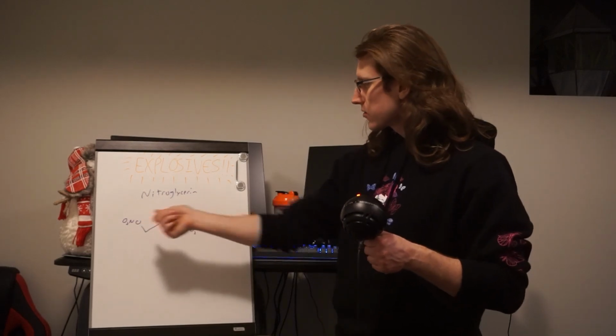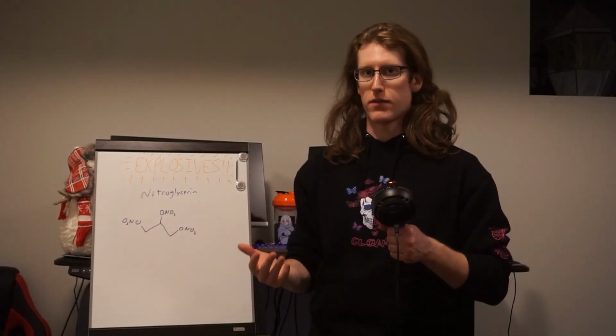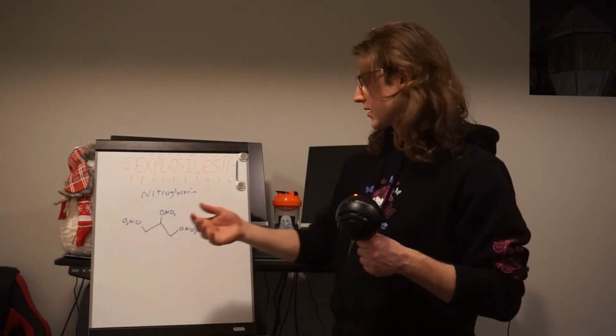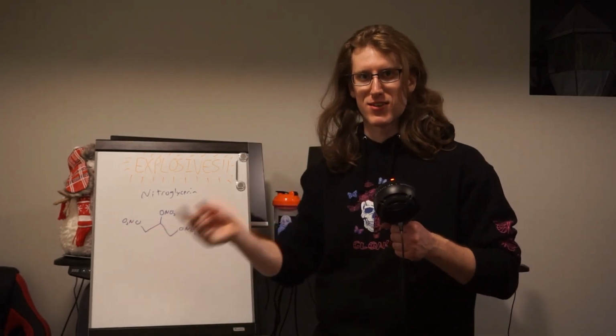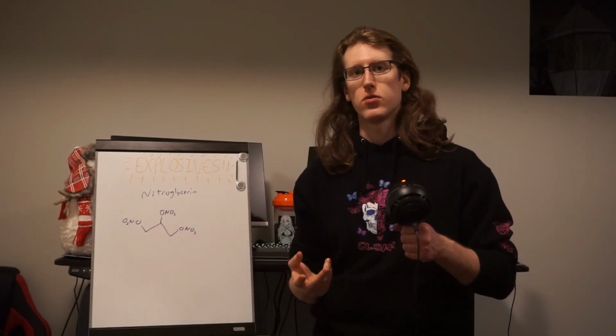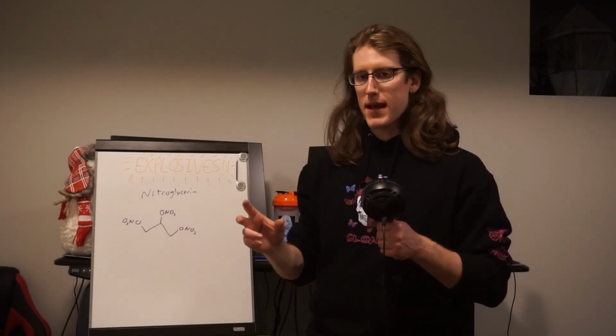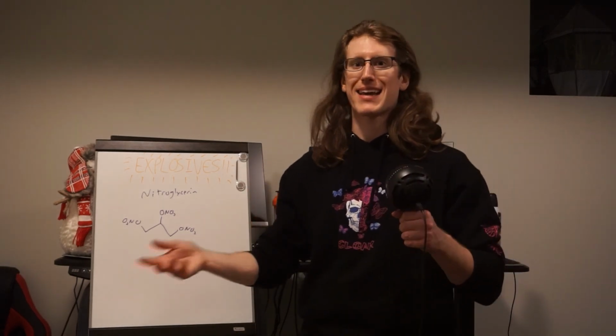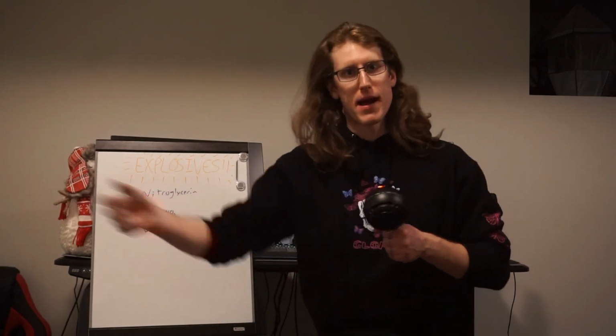So nitroglycerin is a very powerful explosive. It is much more powerful than TNT because there is more oxidizer. Also, because nitroglycerin is a smaller molecule, in the same amount of space you can pack in more molecules of nitroglycerin. So you get more bang for your buck.